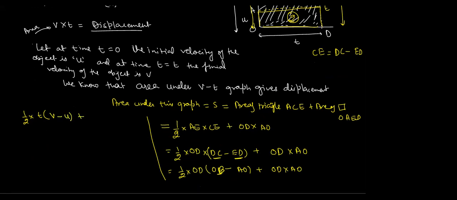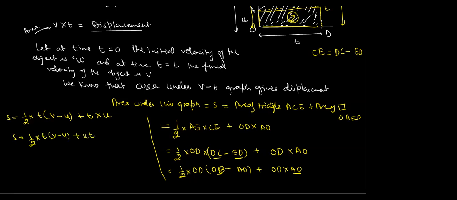Plus then you write OD, which is simply time, and OA is UT. So we have S is equal to half into T into V minus U, plus UT.